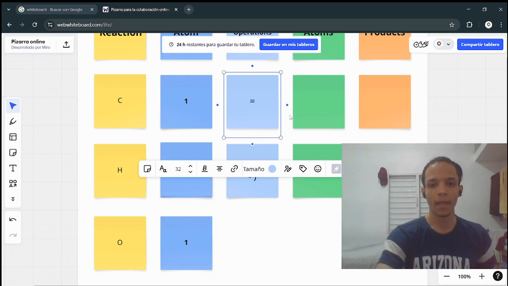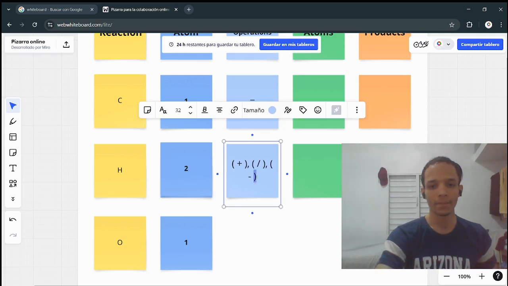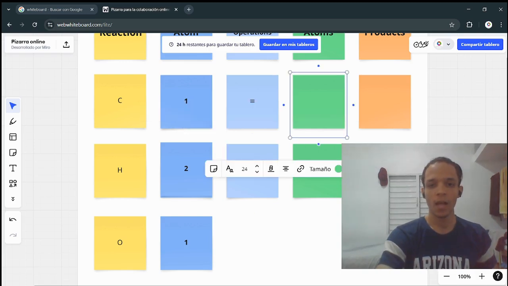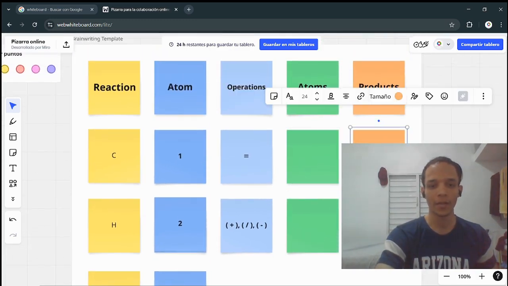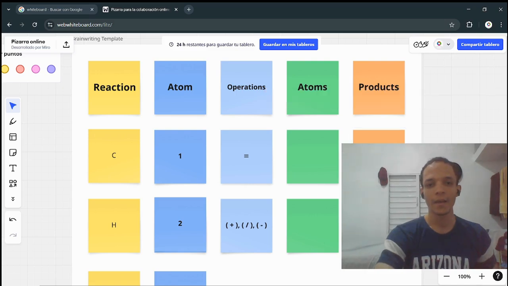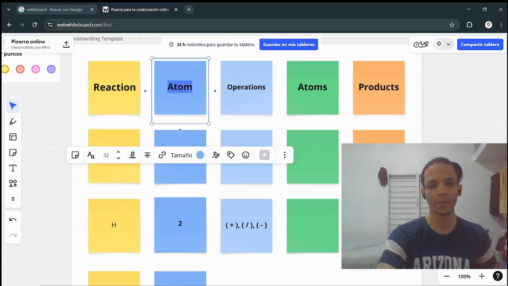Okay, and you see this, for example, I am going to make it smaller because maybe it's not necessary that it's so big. After that, let's say we have the operation, and we want that operation with a certain amount of more atoms. So let's put here, sorry, this is also called atoms.